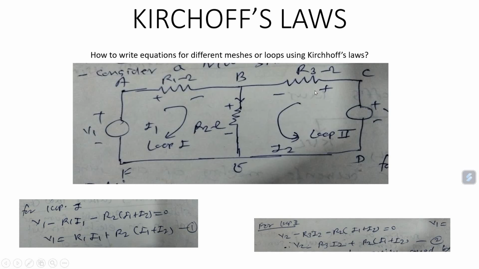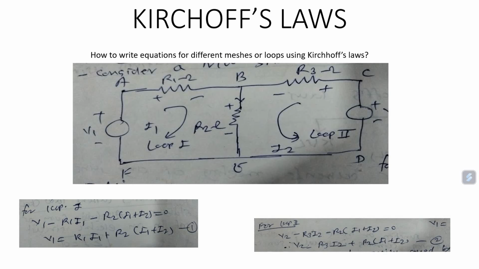The voltage drop is R3 into I2, so it is plus V2 minus R3 into I2. Similarly here, current I2 will flow in the downward direction, and since two currents I1 as well as I2 are flowing in the downward direction, the voltage drop is R2 in bracket I1 plus I2. But we are going from plus to minus, and that's why the voltage drop will be denoted as minus R2 in bracket I1 plus I2 is equal to 0. The same equation can be written as V2 is equal to R3 I2 plus R2 in bracket I1 plus I2. That is equation number 2.